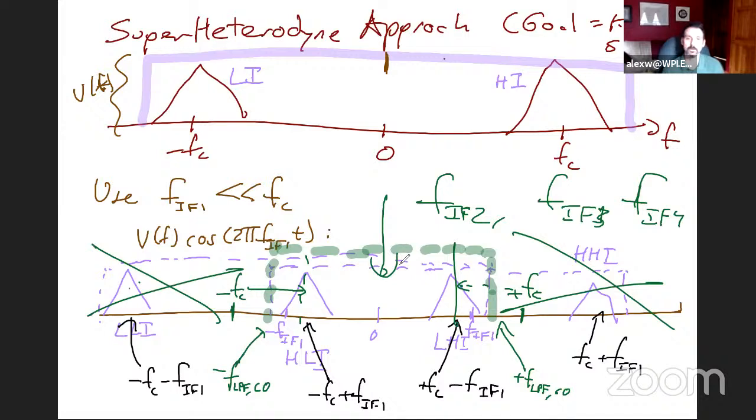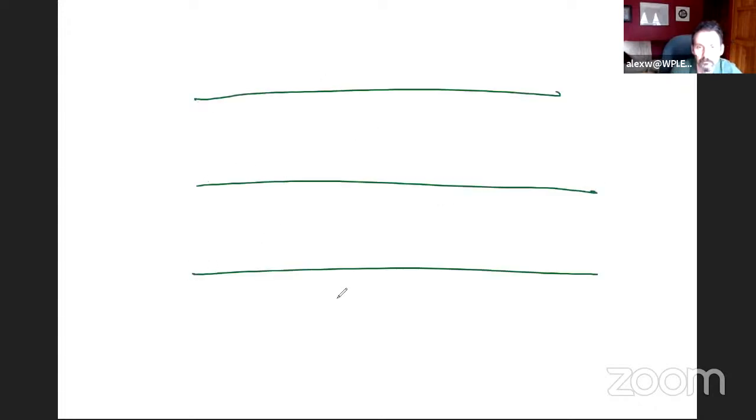Okay. So progressively, if we go step by step, is something that looks like this.